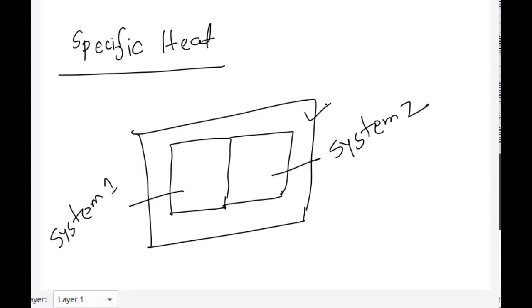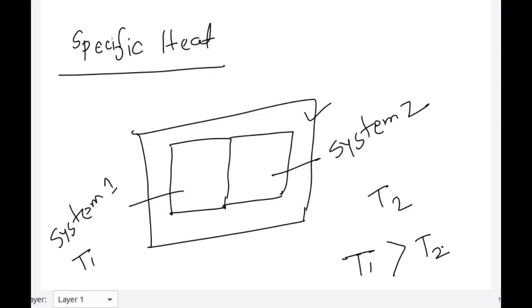Say the temperature of system 1 is T1 and the temperature of system 2 is T2. We assume T1 is greater than T2. Now, as they are non-isolated systems and we assume they are in thermal contact, after some time they will be in thermal equilibrium as energy will be exchanged between them.